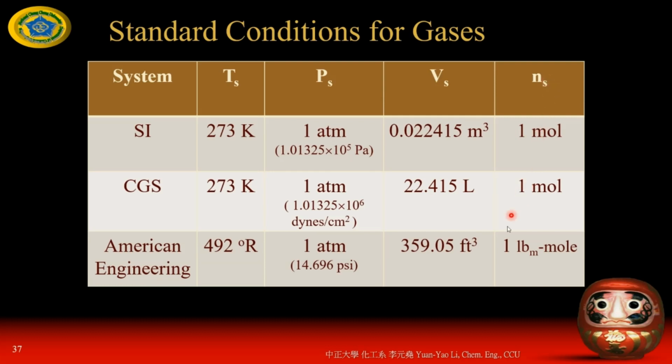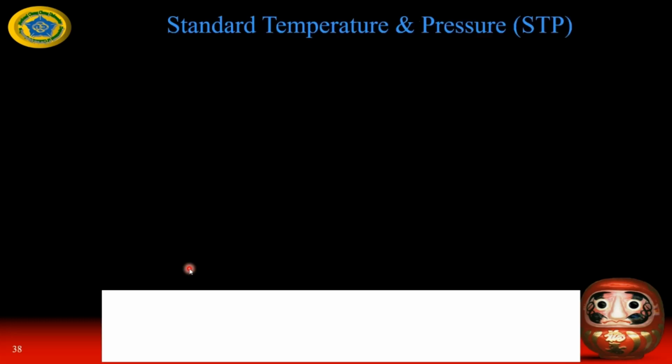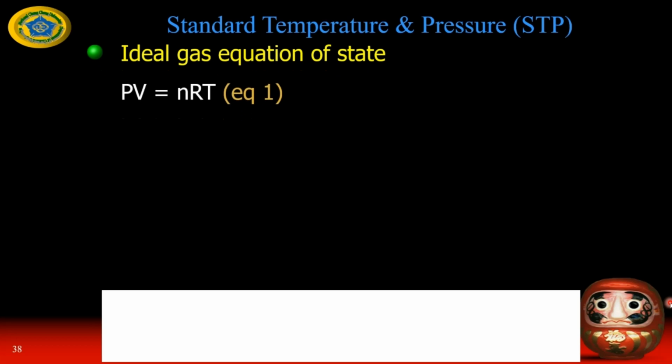Okay. I normally don't try to remember this, but if you want to, this is the American engineering system. So we can use this standard to compare to the non-standard condition, and we can remove the R in the calculation. Okay, so the ideal equation of state, PV equals nRT, is equation 1, right?